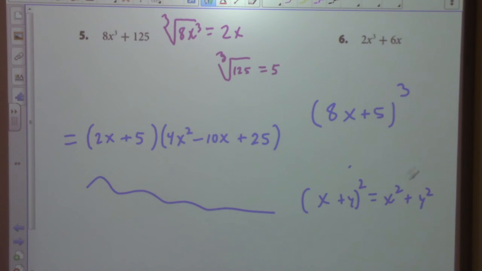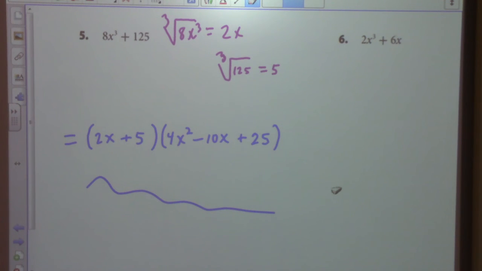Are these equal here? No, they're not. It's maybe the most common misconception in algebra, that you can do that. So that's the answer to that.